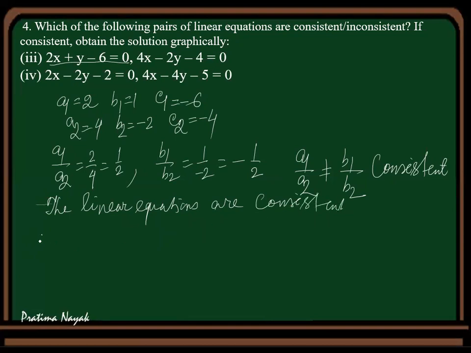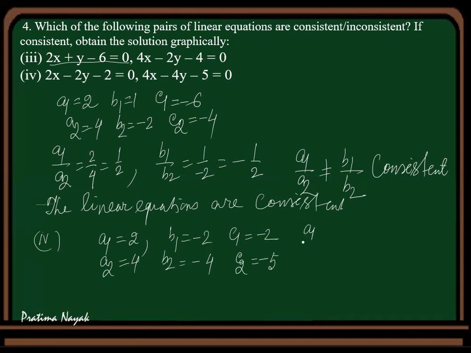Similarly for the fourth part, A1 is equal to 2, B1 is equal to minus 2, C1 is equal to minus 2, A2 is equal to 4, B2 is equal to minus 4, C2 is equal to minus 5. So A1 by A2 is equal to 1 by 2.